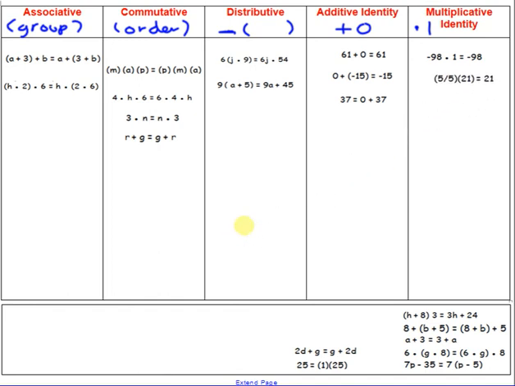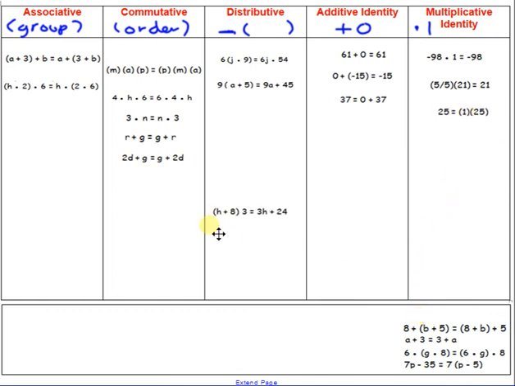That's going to be multiplicative. All right, 2d plus g equals g plus 2d. Okay, well the order is just flipped, so that's going to be commutative. Over here I have 25 equals 1 times 25. Okay, there's that times 1. That tells me multiplicative.